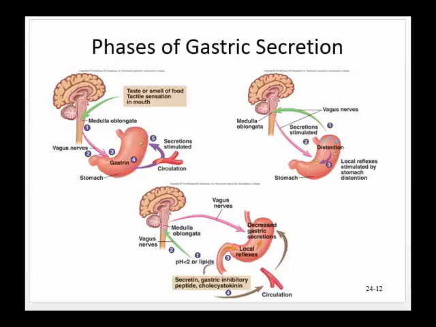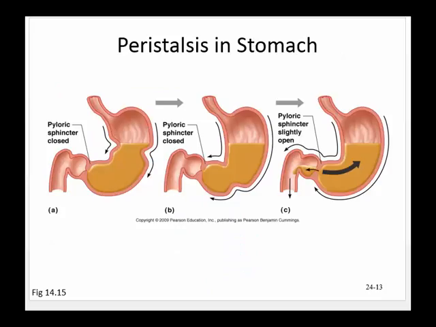In addition to breaking down proteins, there's also some peristalsis, or again, peristalsis is those muscular waves of contraction. We have to be able to move that liquefied food into the end of the stomach as well.